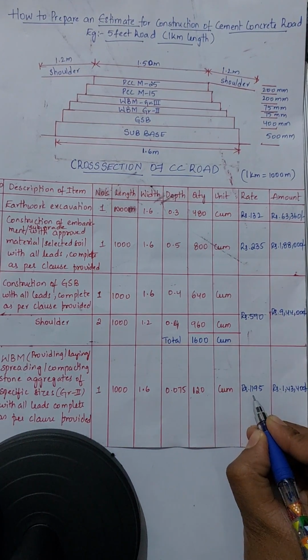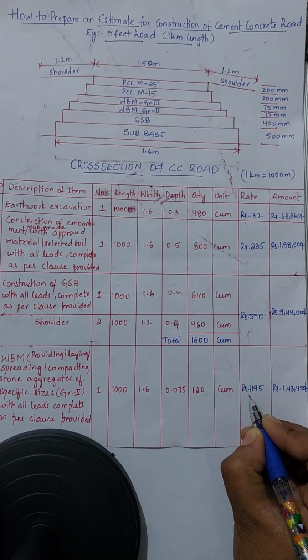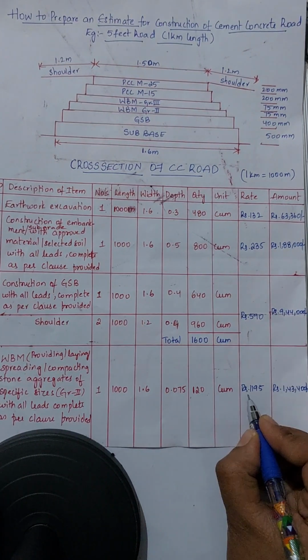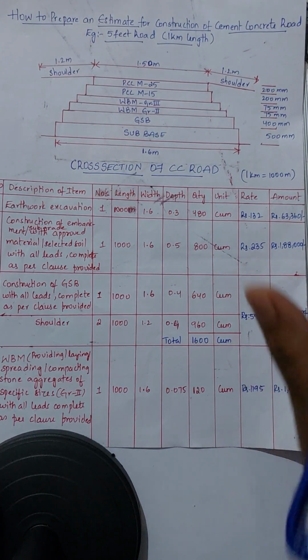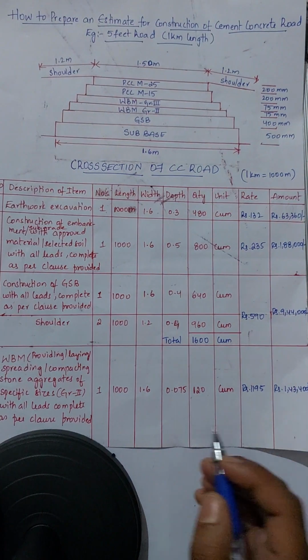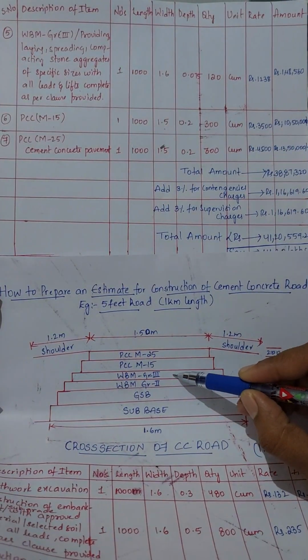And the cost, if we take 1195 per cubic meter, after multiplication of 120 into 1195 we get 1,43,400. This rate includes all materials and equipment needed to fully complete this item. Next, we will calculate for waterbound macadam grade 3.